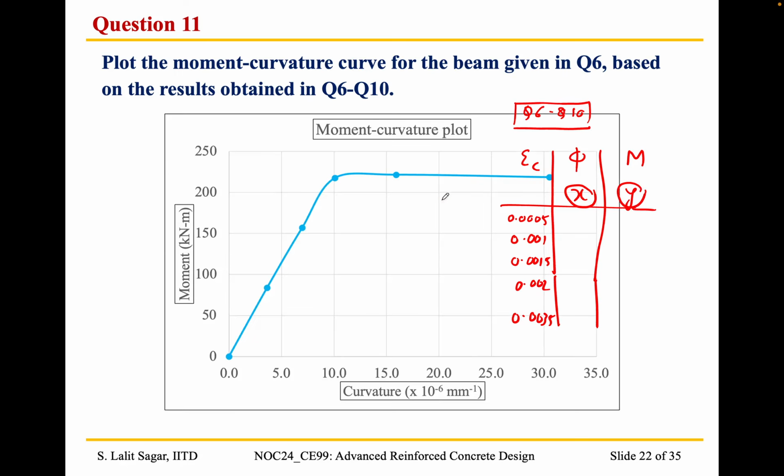So for the beam, as the curvature increases, the moment also increases, and at this particular point, at a curvature of 10 into 10 to the power minus 6, it undergoes yielding, and after that it continues to deform.